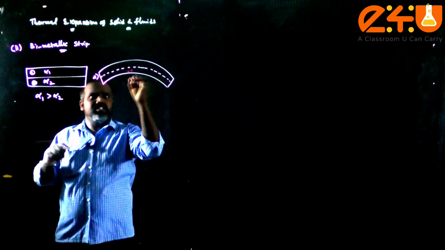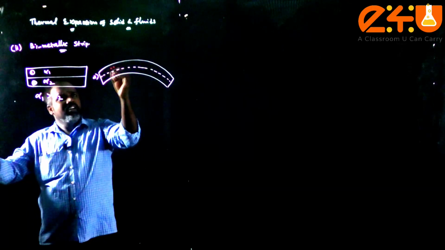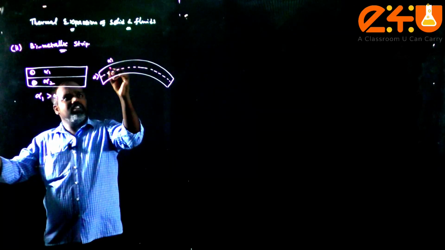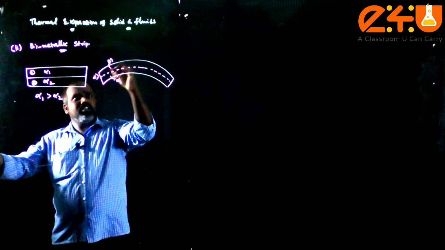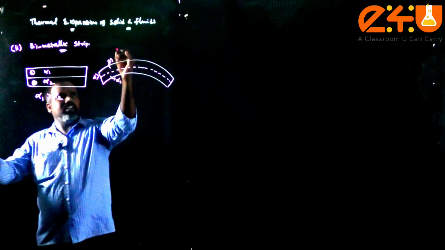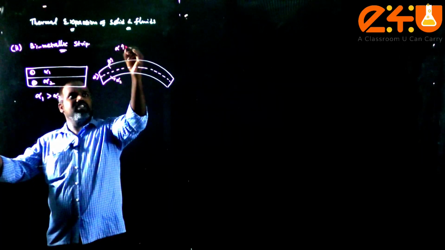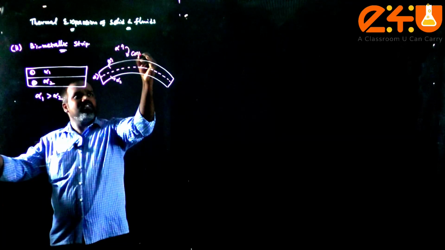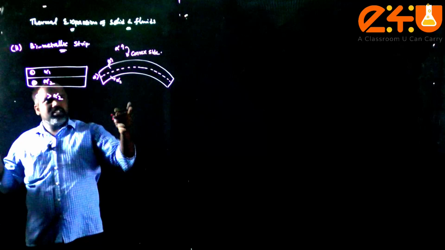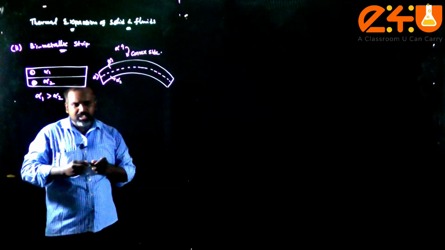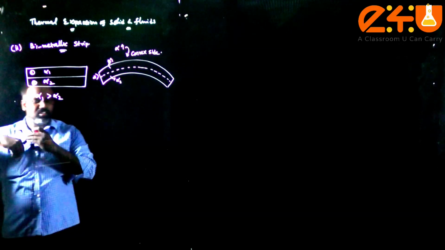So this is alpha 1, material 1, and this is material 2. The material whose alpha is greater always lies on the convex side of the strip. These arrangements are generally used in a thermostat, like an iron box or something else.